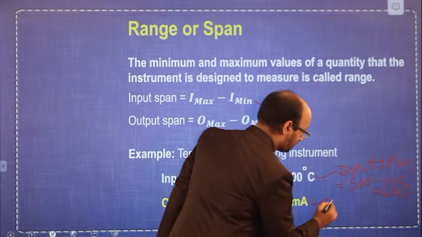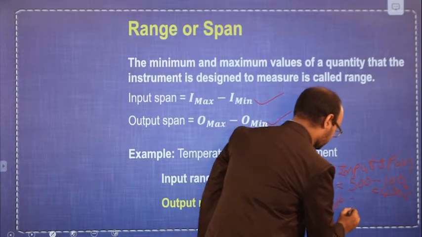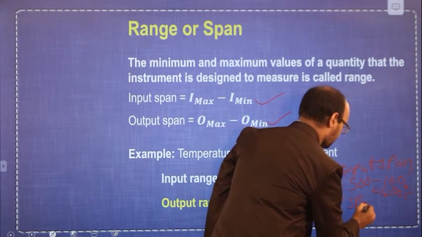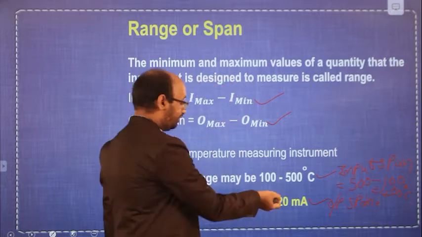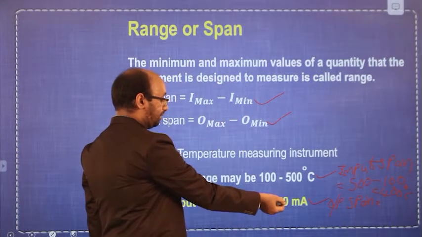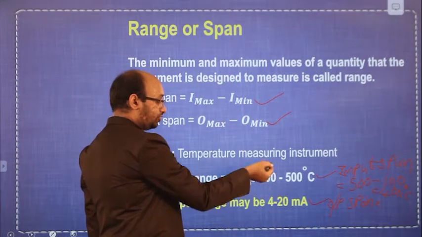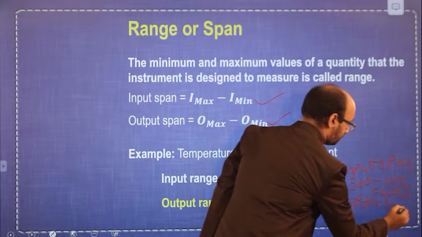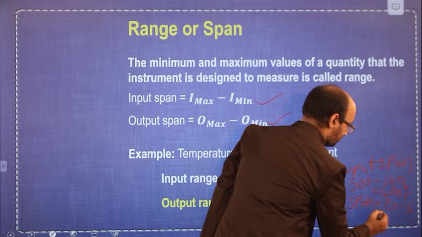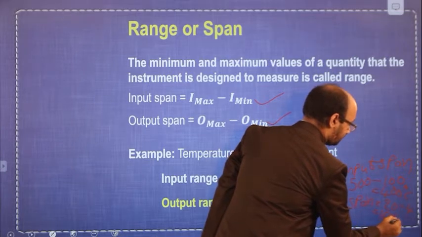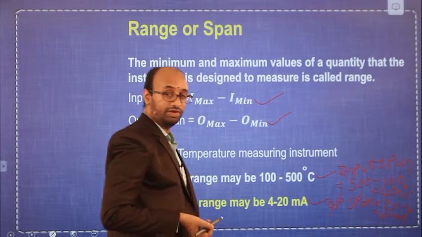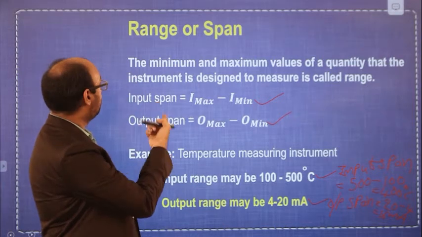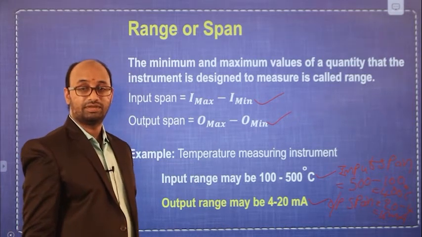Similarly, output span is equal to the difference between the maximum output that can be displayed by this instrument and the minimum output, that is 20 minus 4, 16 milliamperes. This is the input span and output span of this temperature measuring instrument.